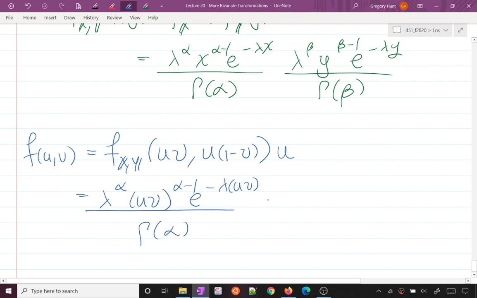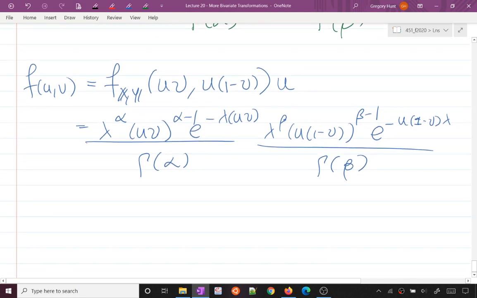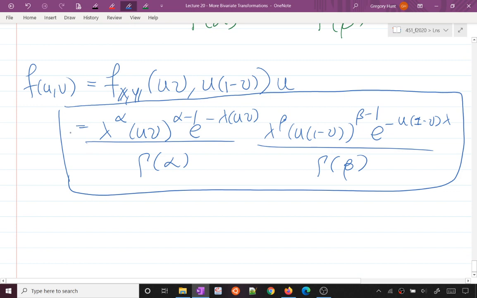And then instead of y, we plug u times 1 minus v to the beta minus 1, e to the negative u times 1 minus v times lambda, all over gamma of beta. Okay, so that is the joint PDF of u and v. But again, there's going to be some algebra.